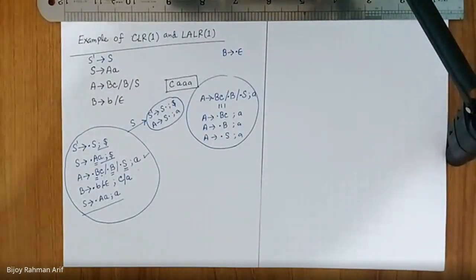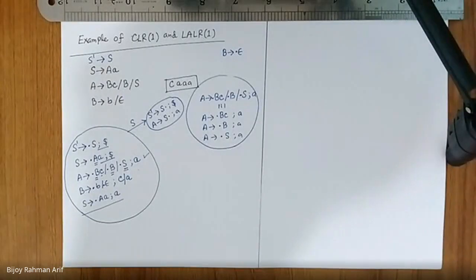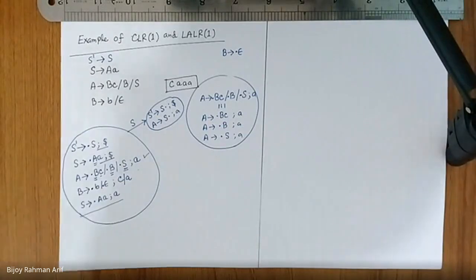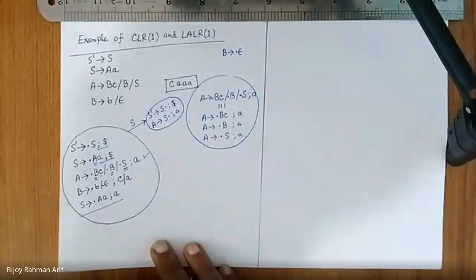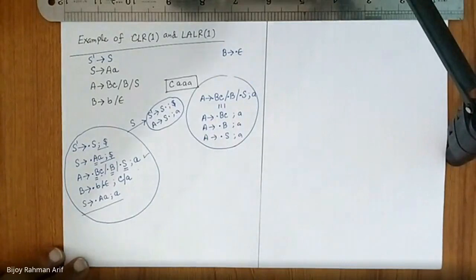What is the meaning of B derives dot epsilon?